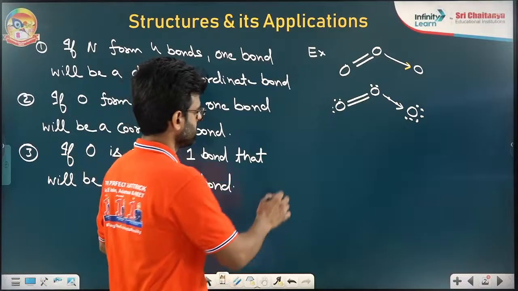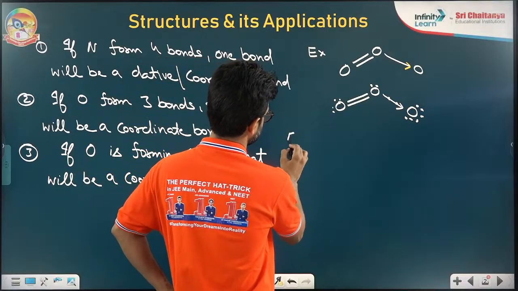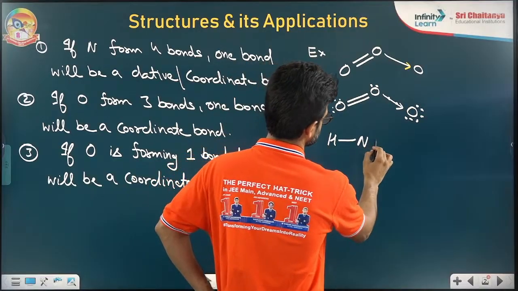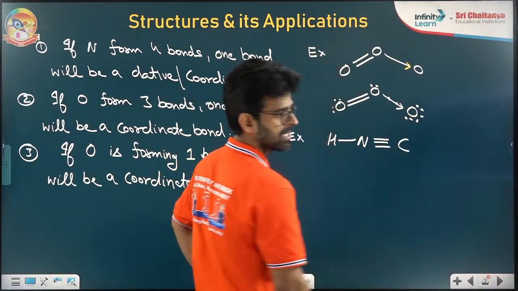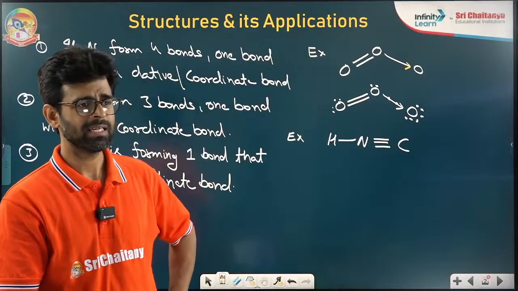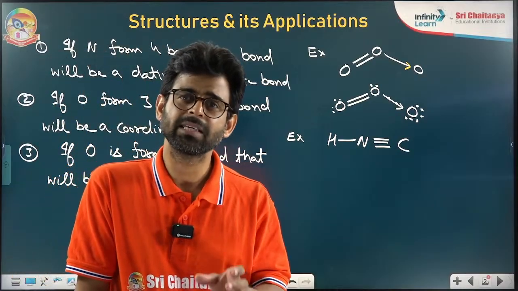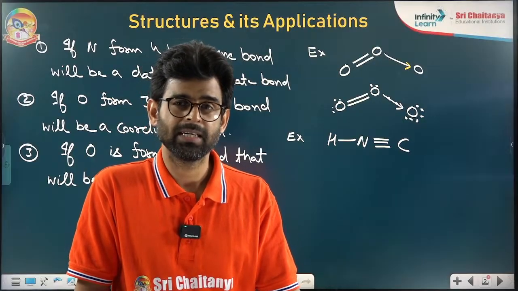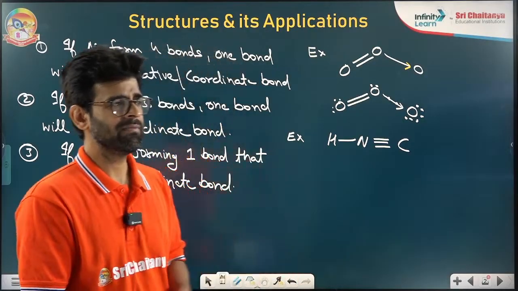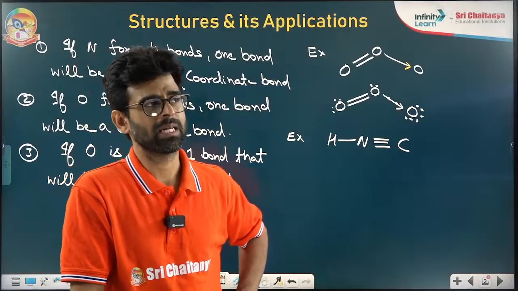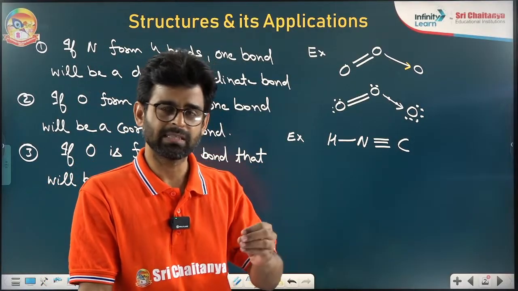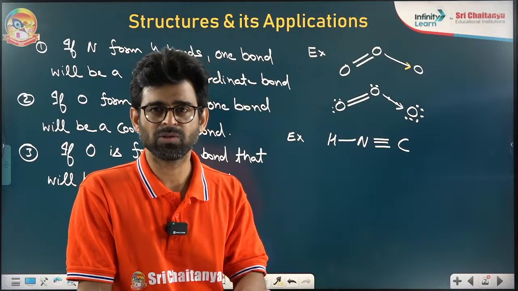Similarly, for example, I am taking HNC. This is your HNC, fine. Can you tell me whether this has a coordinate bond or not? Yes, is it having a dative or coordinate bond? Yes or no? Tell me. We have the structure, we made it by our rules, okay, no issue.